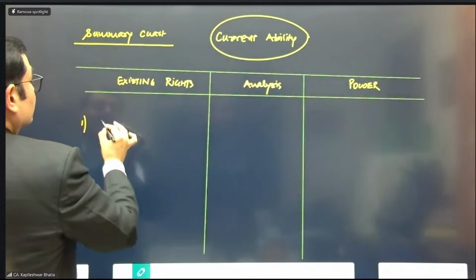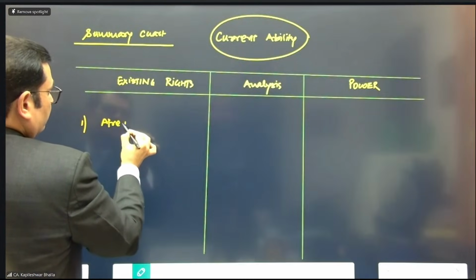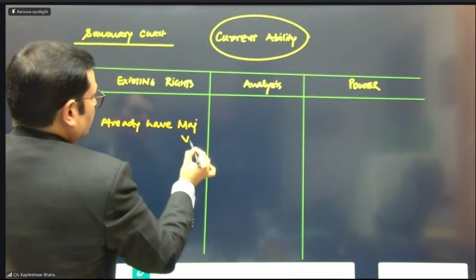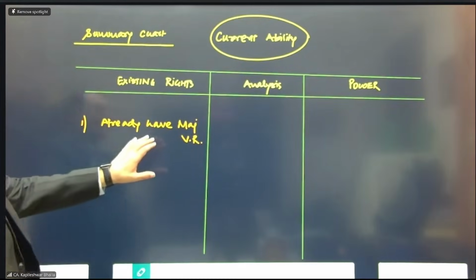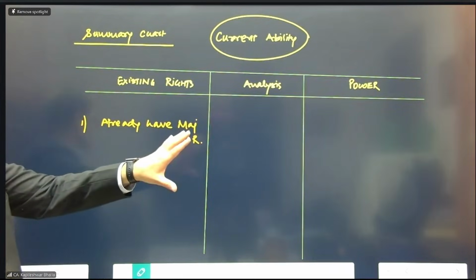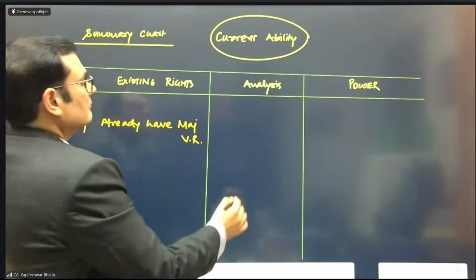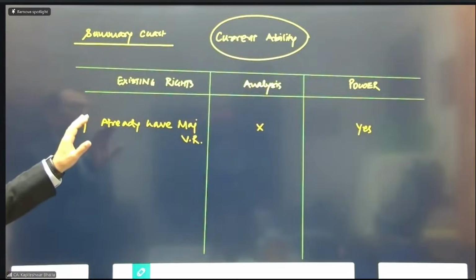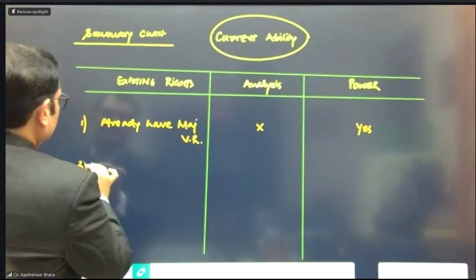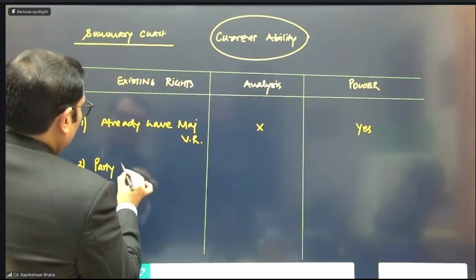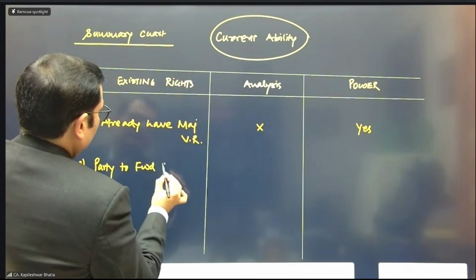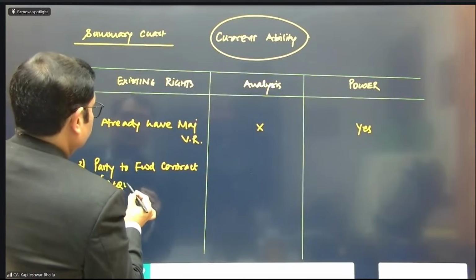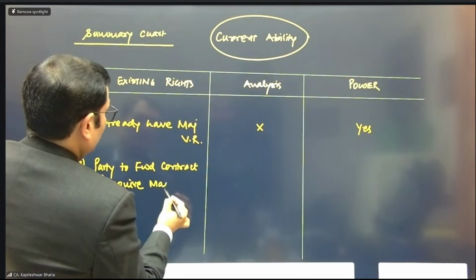Number one, as an investor, you already have majority voting rights. So what do you say? Any analysis required, or can we say yes, I've got power? Yes, that's right. No analysis required. Power is there because this will always give you current ability. Next, you are a party to a forward contract to acquire majority shares.